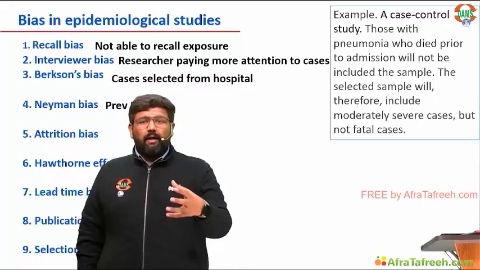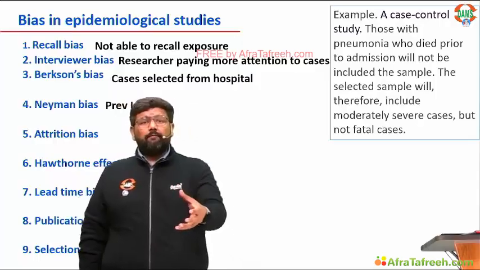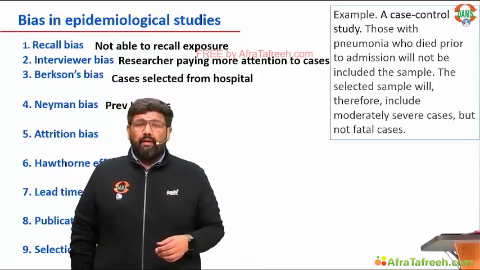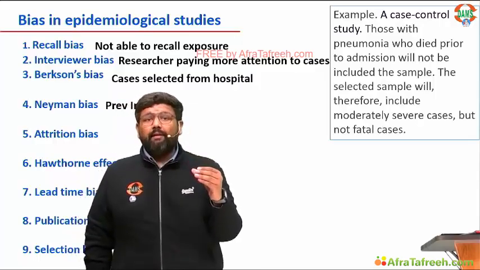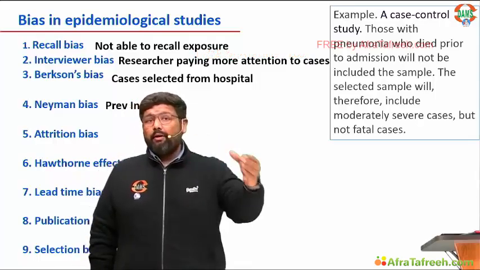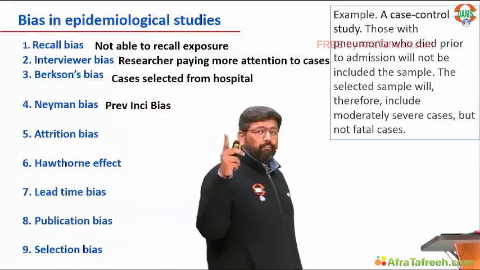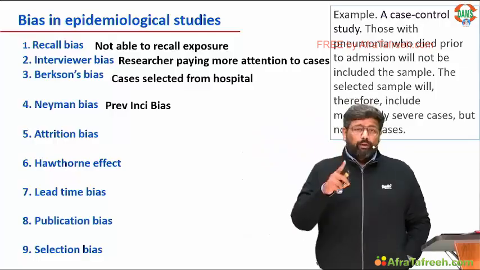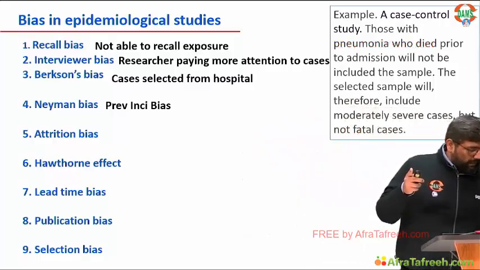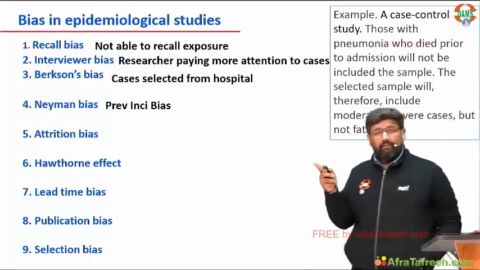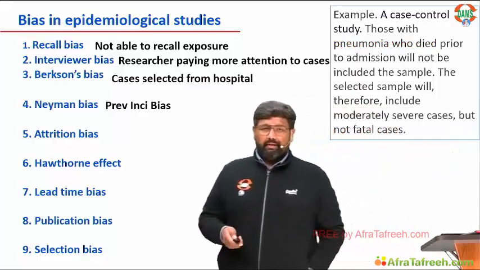I included some patients, but after 5 days the patient died, right? Because of the low prevalence, I'm not able to do it. This is Neyman bias. You need not write this example in the box. I have just included it to explain what Neyman bias is.